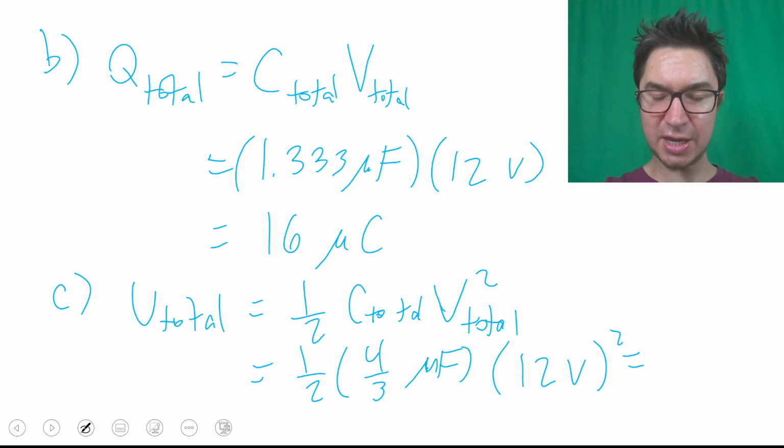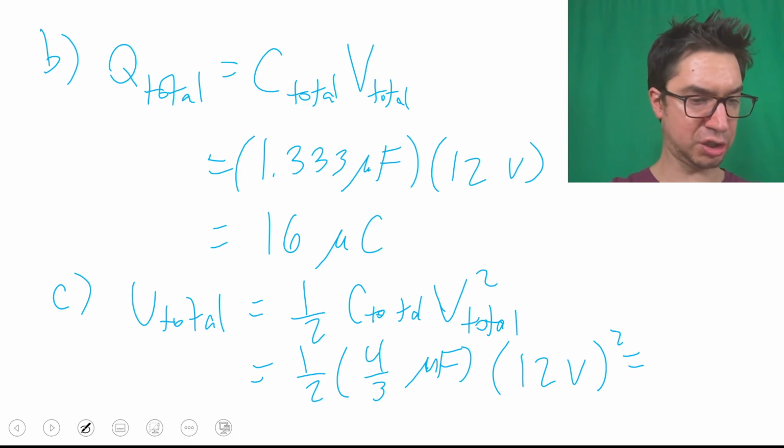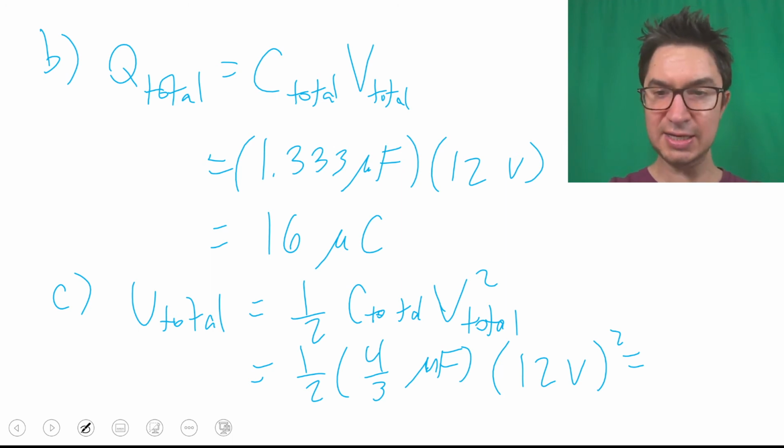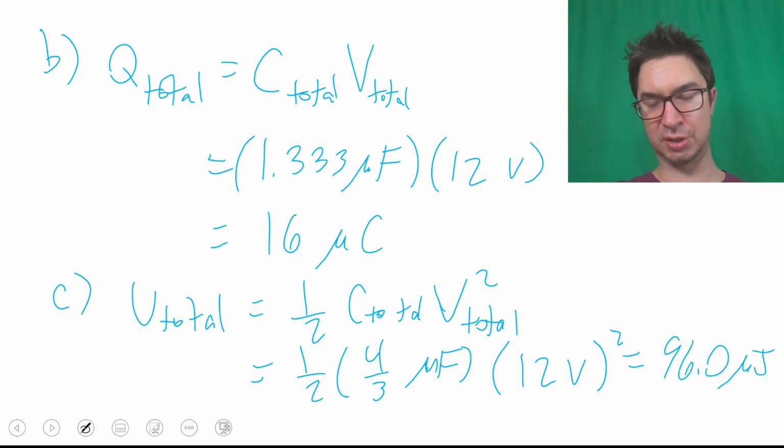And if we take 1/2 of 4/3, we get 4/6 or 2/3 times 12 squared. And if we do that computation, we're going to get 96.0 microjoules of potential energy stored in the circuit.